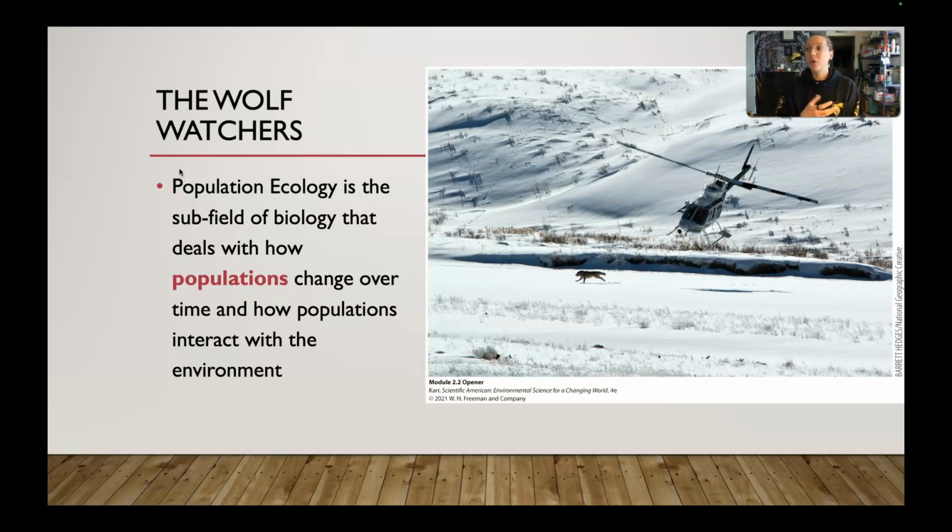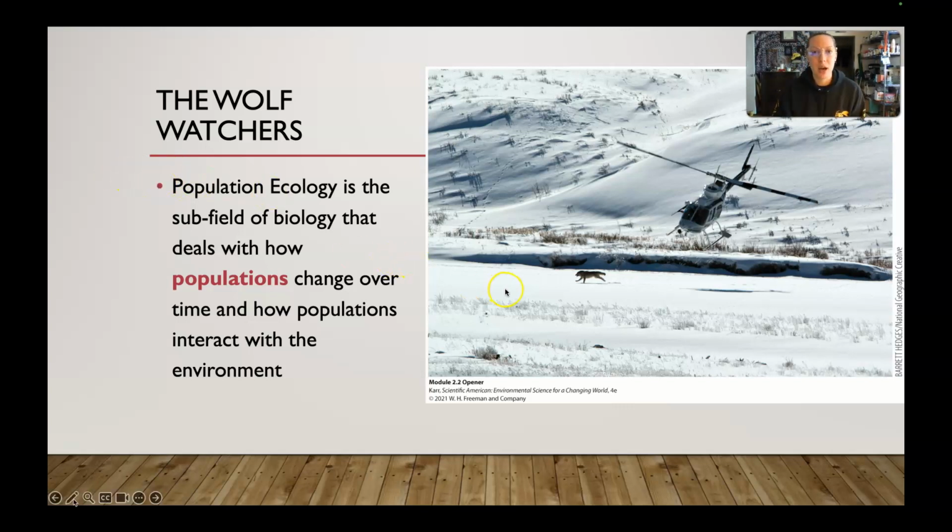Overall, ecologists study a specific population to better understand how to sustain and promote its survival. We look at all different kinds of species for this idea, but your book goes into wolves more specifically in Yellowstone National Park.